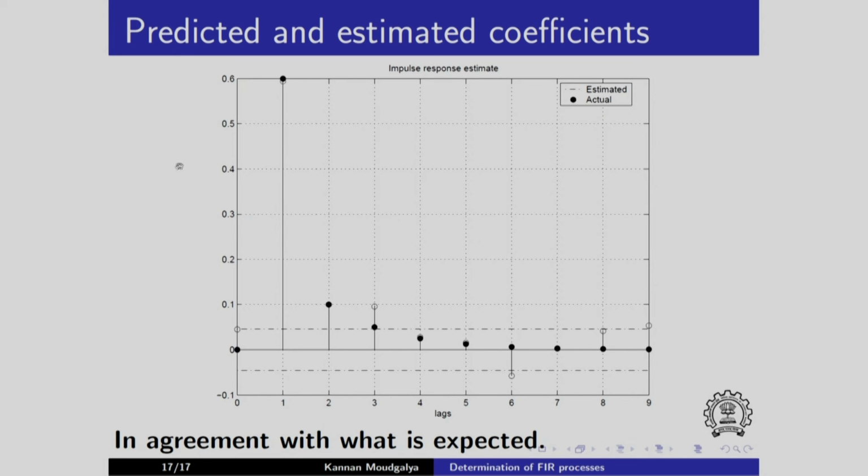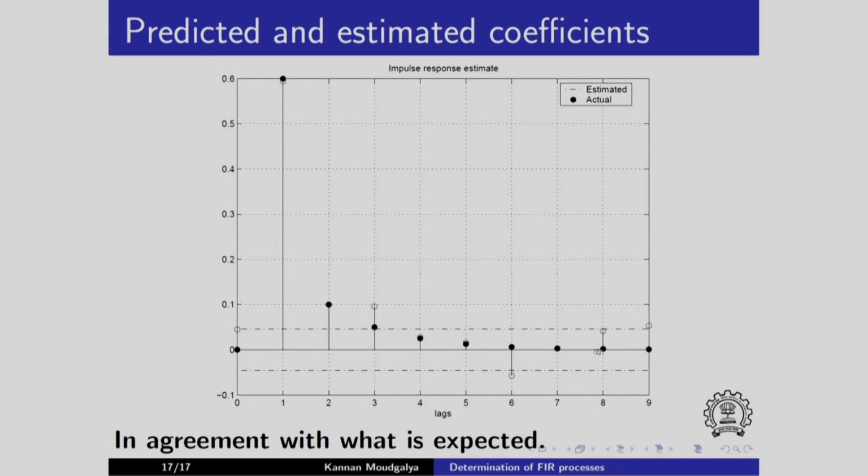In fact, all that you need is this last slide, where we have compared predicted and estimated coefficients. If you execute the Scilab code, you get this, and the actual values that were used to generate the data are given by these black dots, and the estimated ones are given by these open circles, and notice that they are very close.